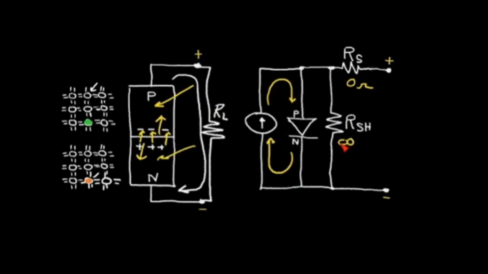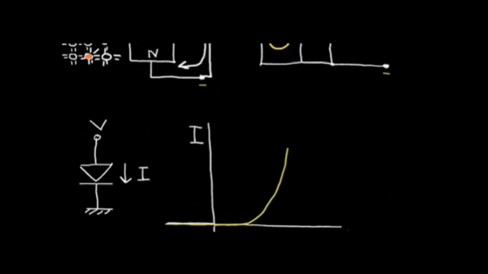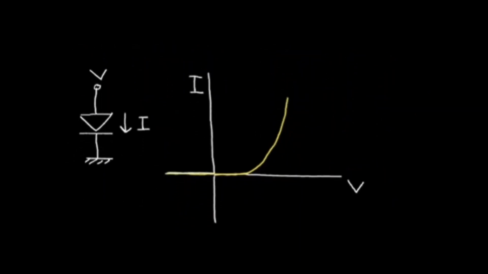So let's explore the current voltage relationship of this PN junction, or this solar cell. Now, if we don't have any light shining on this diode, we can plot the voltage versus current. We'll say this is ground or 0 volts.